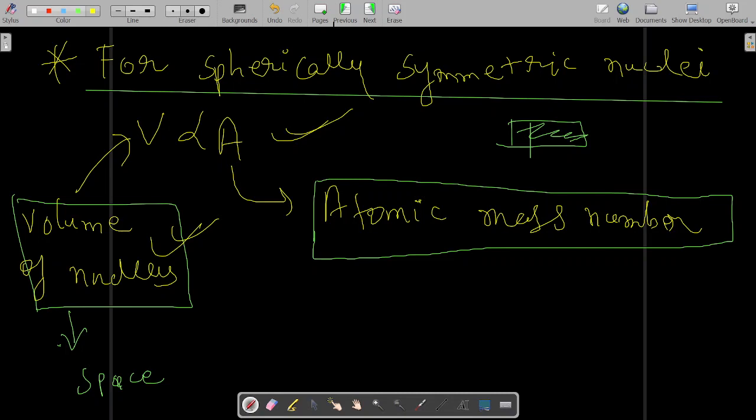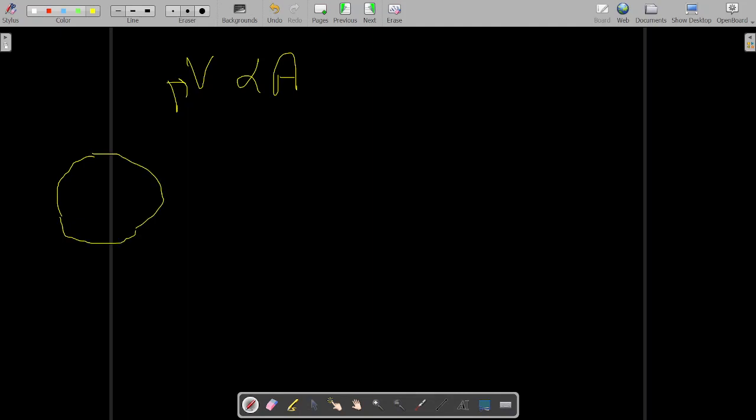Now, what did you learn in the lower classes about the volume of a sphere? Let me write it here. Suppose there is a sphere, and suppose this sphere has a radius.